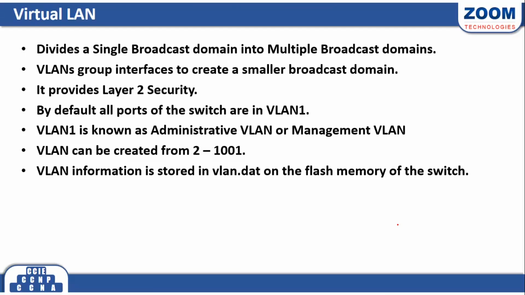VLANs can be created from 2 to 1001 only. It depends upon the model number. If you go for some layer 3 switches, we can create up to 4000 plus VLANs.